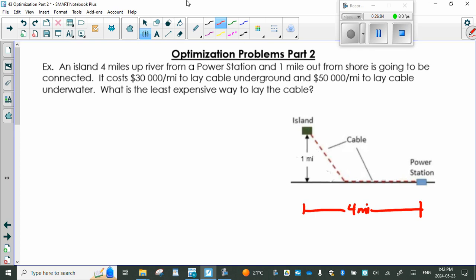It costs $30,000 per mile to lay cable under the ground and $50,000 per mile to lay cable under the water. What is the least expensive way to lay the cable? So this is telling us that we want to minimize cost.